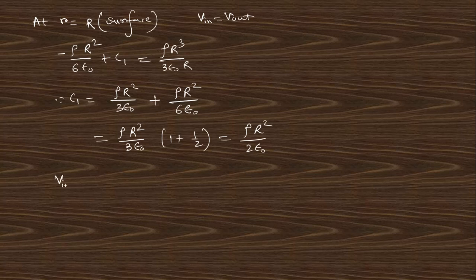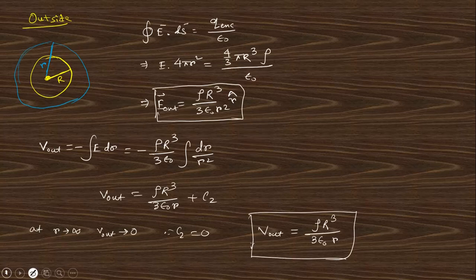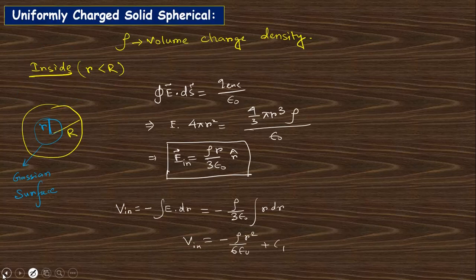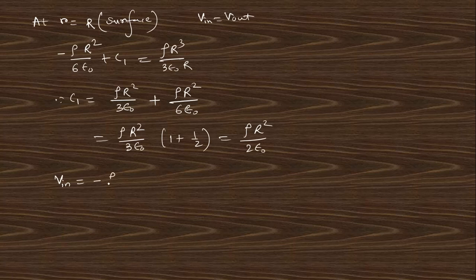So the V in is nothing but minus rho r squared by 6 epsilon naught plus C1, which is rho R squared by 2 epsilon naught. This is the V in.